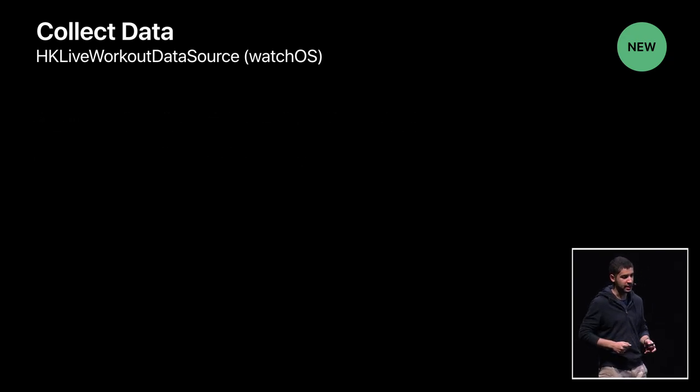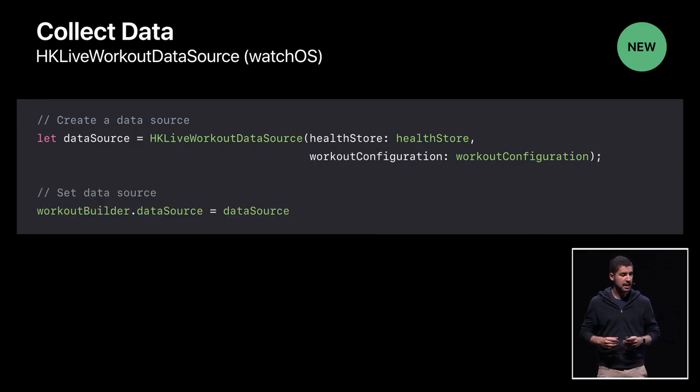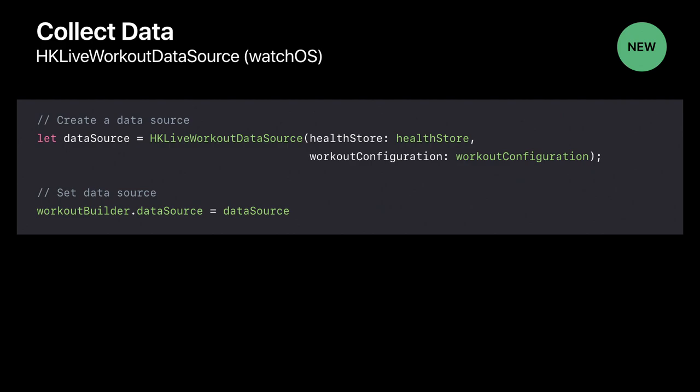First, we create a data source. And here I pass a health store as well as a workout configuration. And since I'm passing the configuration that contains information about the activity type, the data source will be able to infer which types should be collected for this workout. Next, I simply need to set the data source on the live workout builder.